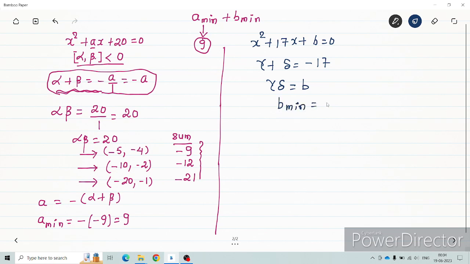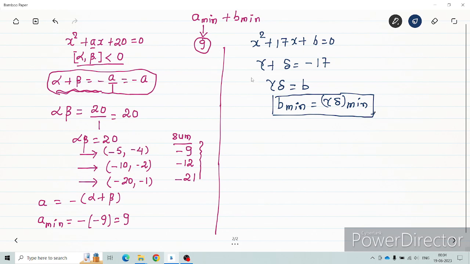So for b minimum, this product of gamma and delta has to be minimum. So we have to find the minimum value of b, and for that the product of the roots of this given quadratic equation has to be minimum. Now let us see how we can find the product of the two roots.